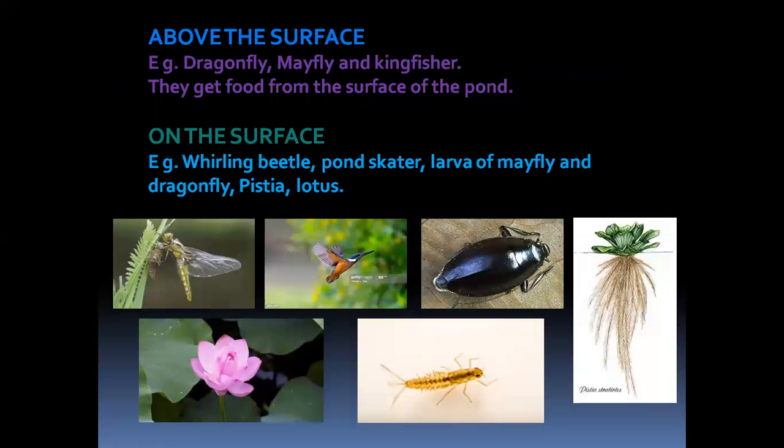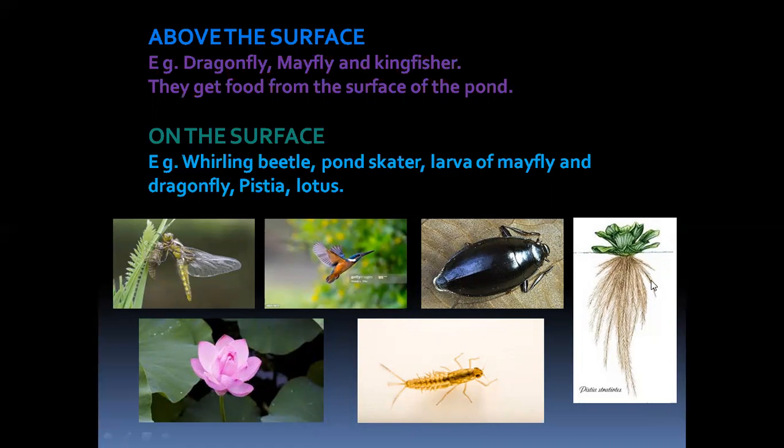About the surface of the pond, you see certain organisms like dragonfly, mayfly, and kingfisher. They get their food from the surface of the pond. On the surface, there are whirling beetle, pond skater, larva of mayfly and dragonfly, pistia, lotus.